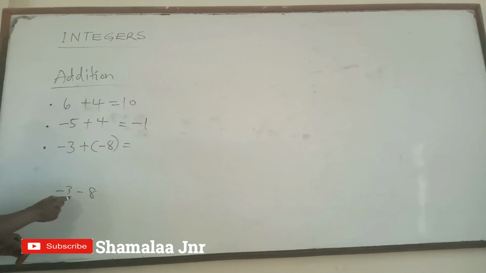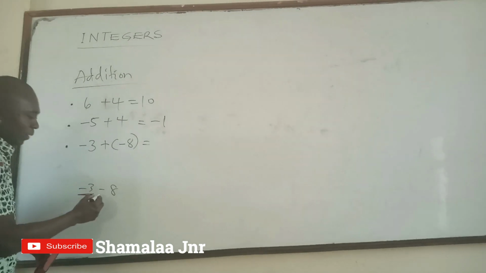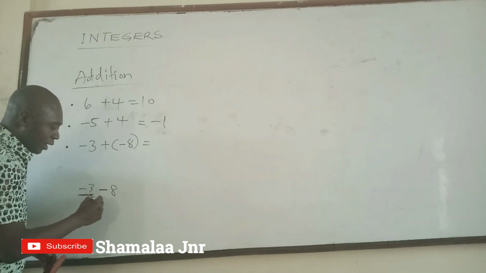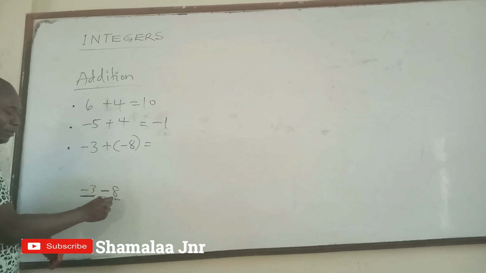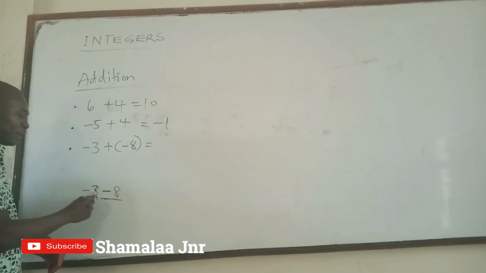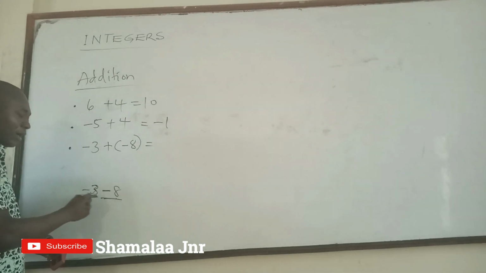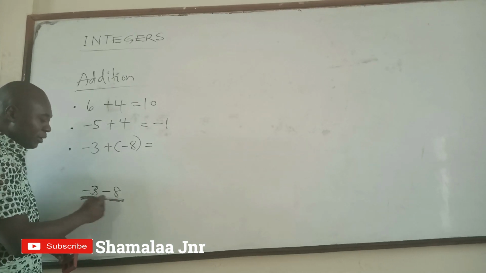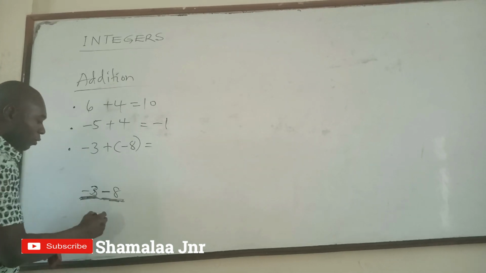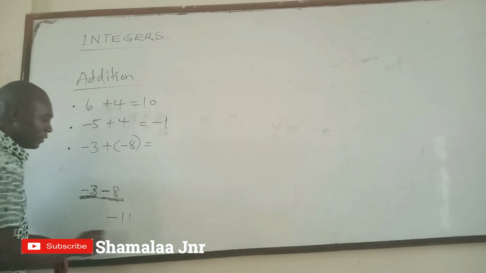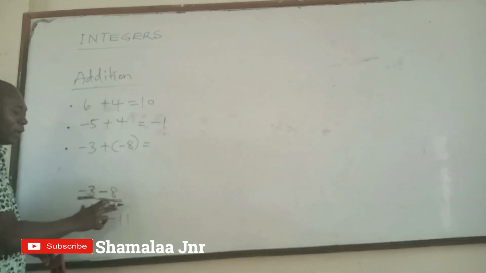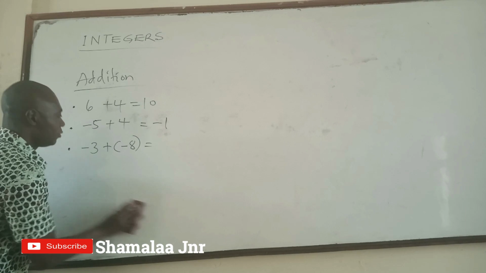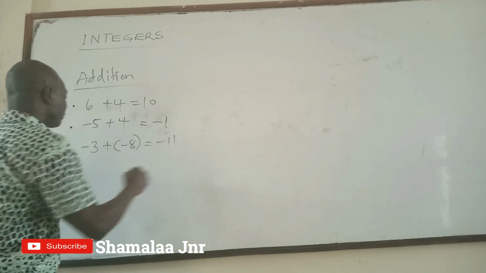And then, as soon as you turn this way, another person you are owing 8 cedis is coming. So in all, you are owing 11 cedis. You put these together, and that is the amount you are owing. So this is negative 11.